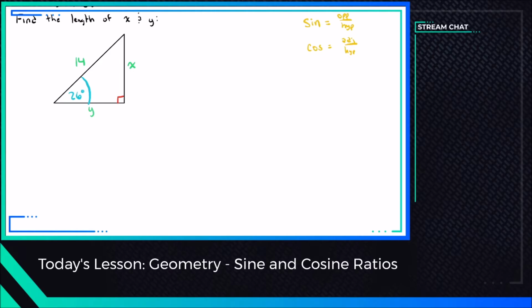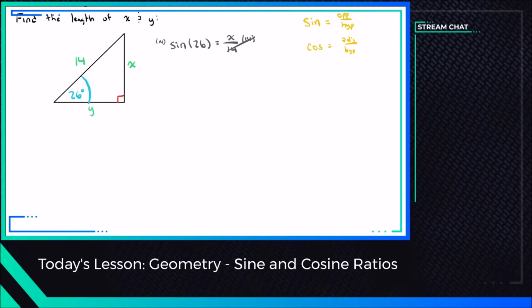So if we look at the angle of 26 degrees right there, the sine of 26 is going to equal the opposite over the hypotenuse. The side that is opposite is x, and the hypotenuse is 14. So now all we need to do is solve for x. We do that by multiplying 14 on both sides.